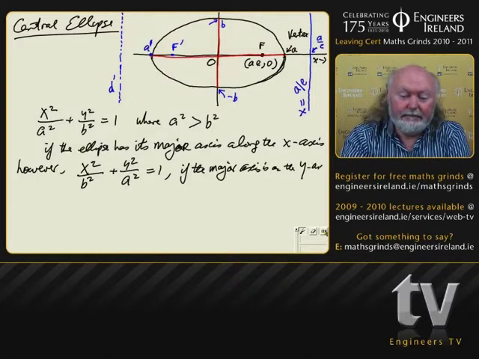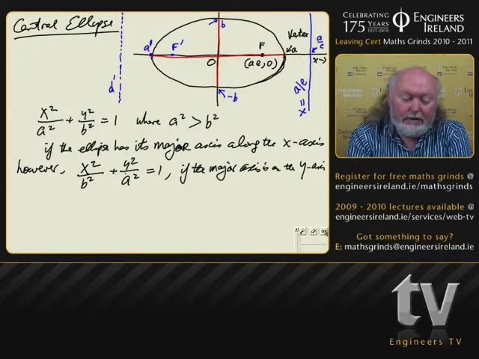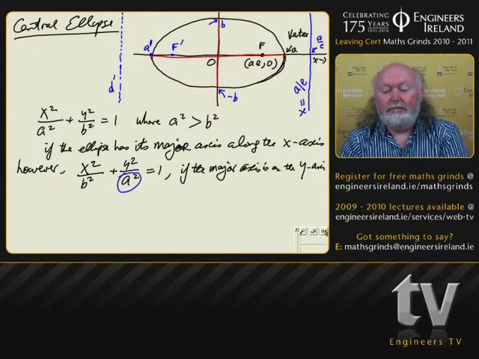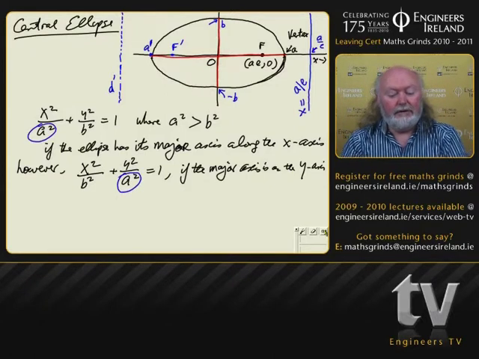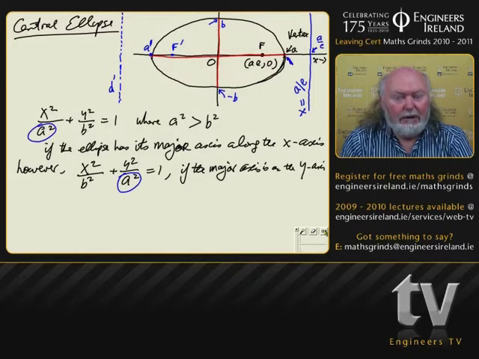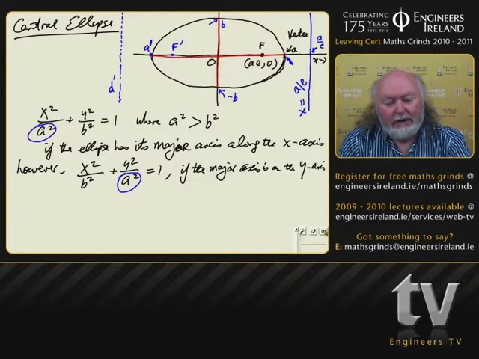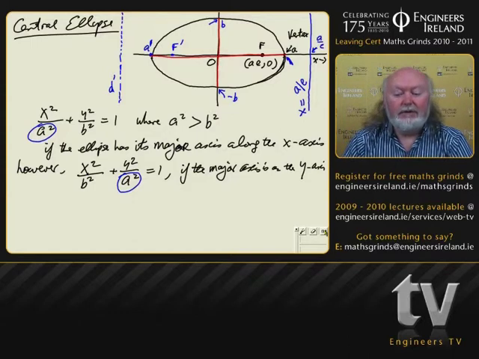Okay. The only difference is the bigger one is always called a. So in these equations you'll have the a squared. And once you name it that way, you can figure out everything. You can figure out the coordinates of the focus, the equation of the directrix, the eccentricity.